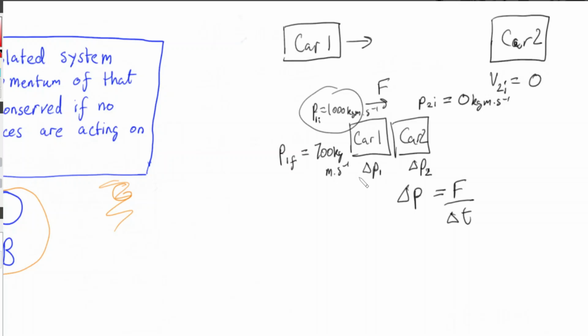Well, then that 300 kilograms meters per second of momentum would actually be imparted into car 2. And that's in accordance with the law of conservation of momentum. So we can see that the momentum before the collision would be the exact same as the momentum after the collision, such that the momentum gained by car 2 would be equal to P2F of 300 kilograms meters per second. And this would remain the case unless there was an external force that acted upon this system at any time.